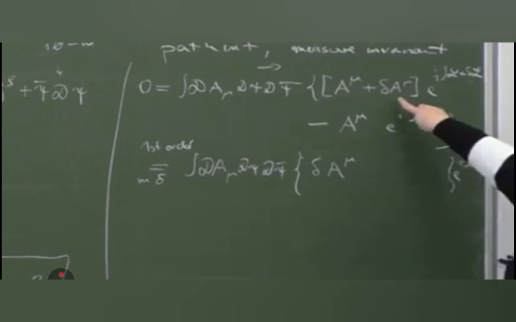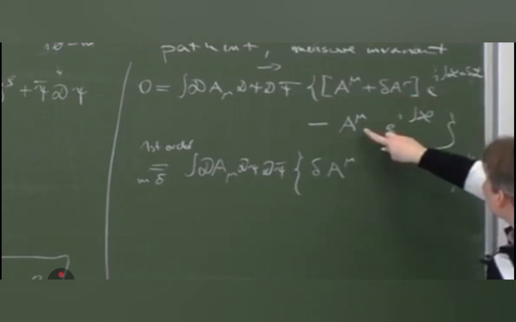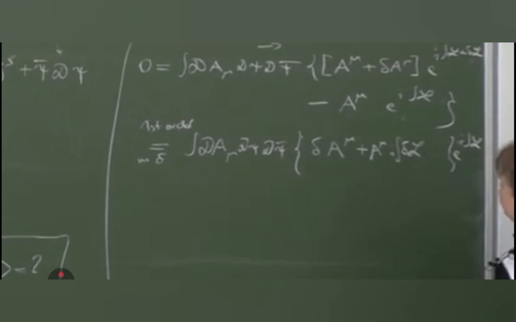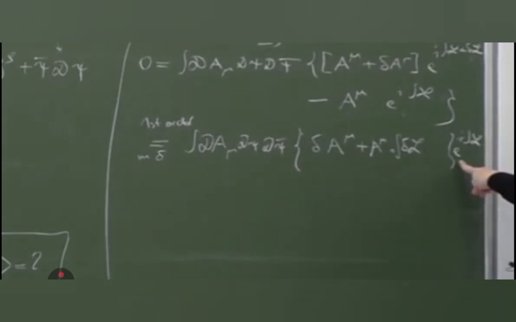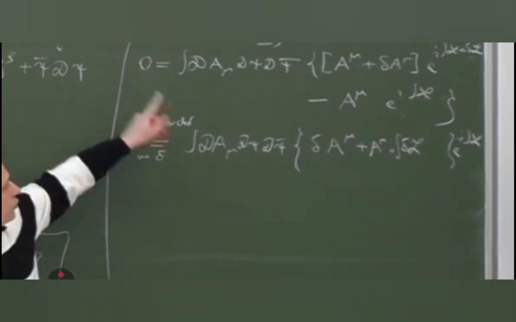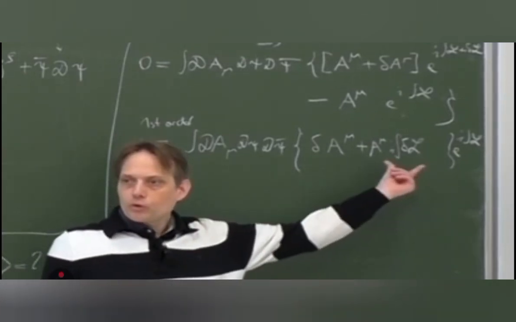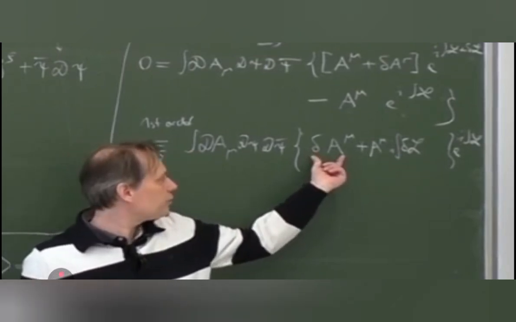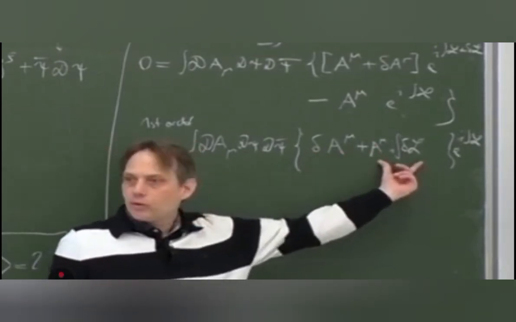And then once we have just delta a mu, and once we have a mu times I integral delta L. These are the two terms. And both are then multiplied with e to the I times the original action, and the combination is 0. So what we have here is that 0 is equal to a sum of two terms. One term is just the delta A path integral, and one term is a more complicated object.